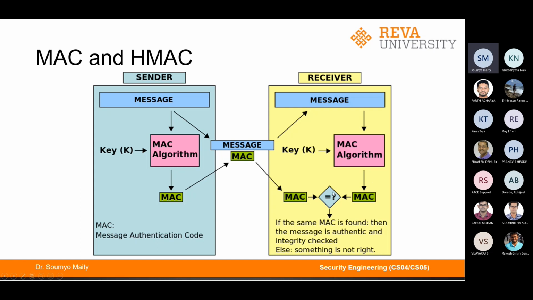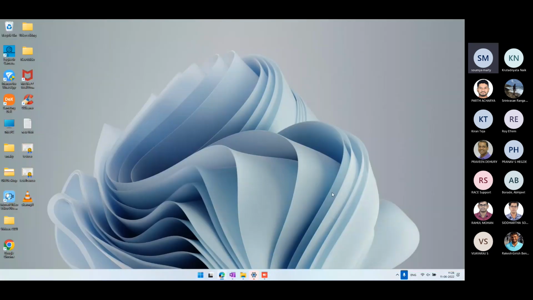Does it sound good? Is it a good approach for sending a message to ensure everything is intact, that there is no tampering on the data? Is it a foolproof method? Can you once repeat? Okay, I'm just going to the whiteboard then.